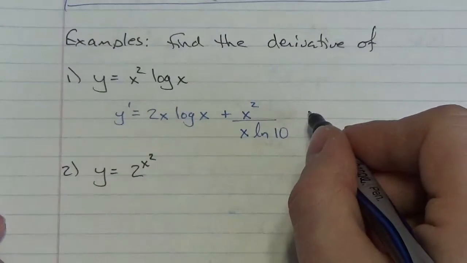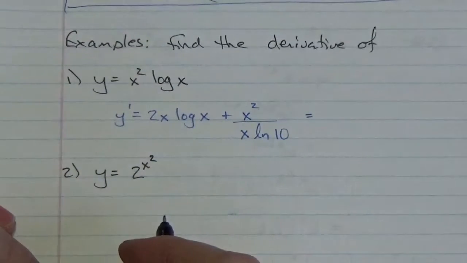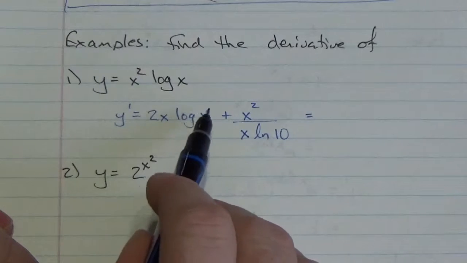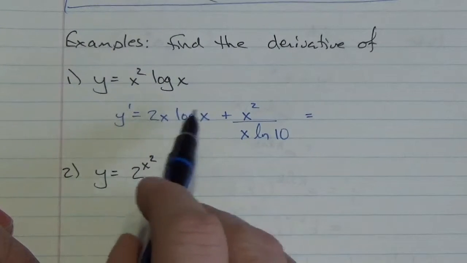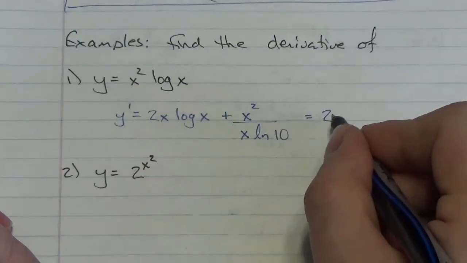Now, there's not a whole lot we can do here to simplify this. I mean, if you really wanted to, I suppose you could move the 2x up as an exponent here, but that's really neither here nor there. You're just moving things around.